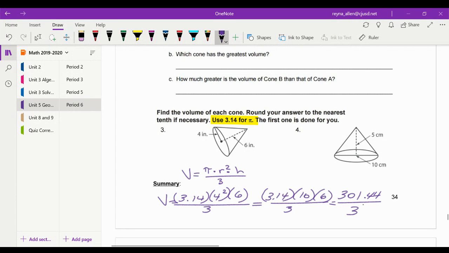Now make sure you push equals, and divide it by 3. What do you get? Good. We get 100.48, and that should be inches cubed. All right, go ahead and work on your practice problems.